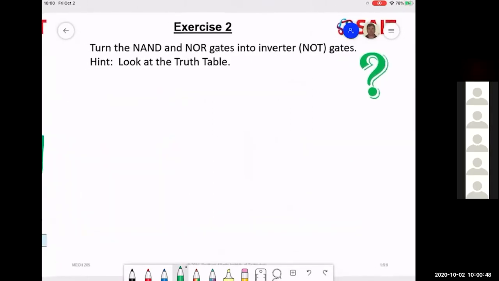Interesting exercise here. Turn the NAND and NOR gates into an inverter. Now when I buy a microchip, it's this piece of plastic packaging that's going to have several leads on it.